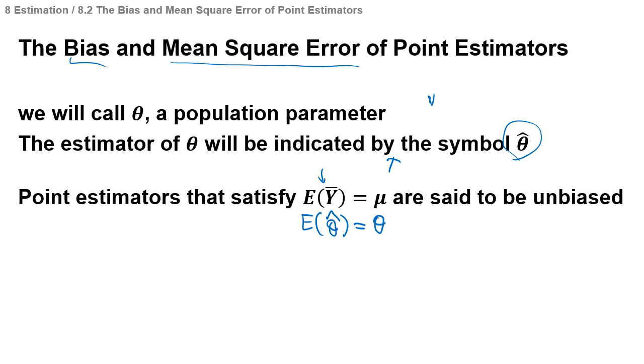So if our point estimator satisfies expected value of theta hat equals theta, it is said to be unbiased. In this case, we say that our estimator is unbiased.